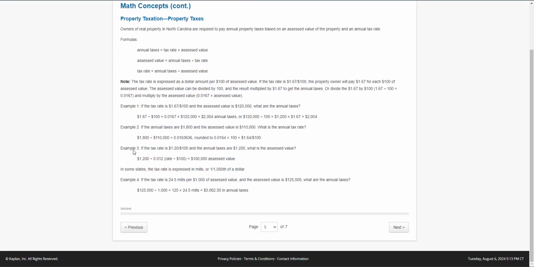Cool. Formulas. I freaking love math. Let's get straight to it. So, your annual taxes on a property equals tax rate times assessed value. Now, how do you get your assessed value? Well, first you got to figure out how to spell assessed.